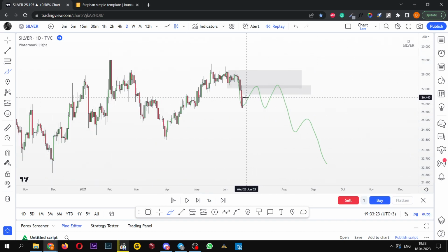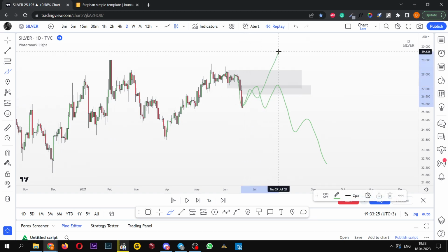Now from these two scenarios, so this is 1 and this is 2, we need to go lower and find what lower time frames are telling us, if they want to go up or down.